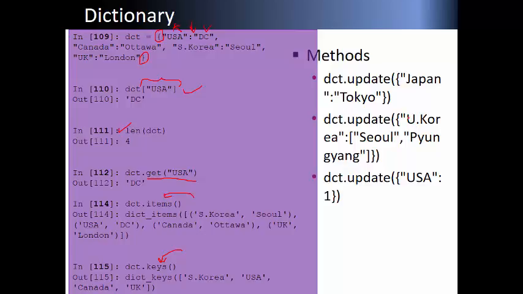For example, United Korea: if Korea is united, then colon, and the value is a list, Seoul and Pyongyang. Pyongyang is the North Korean capital, if both Koreas are unified. This is just hypothetical.